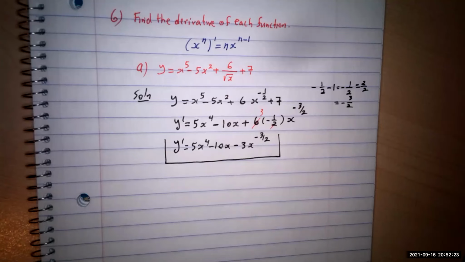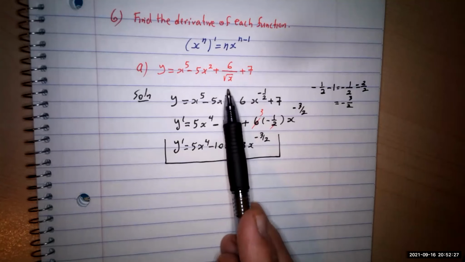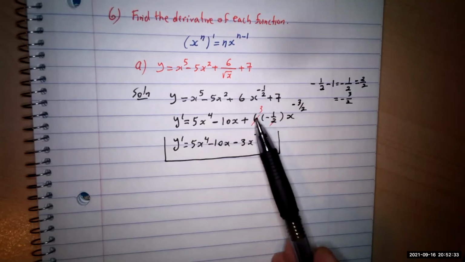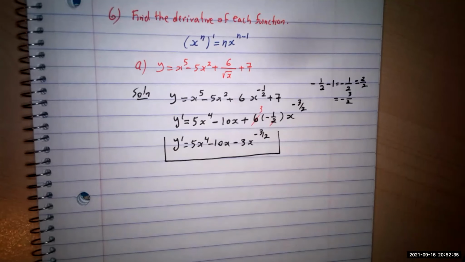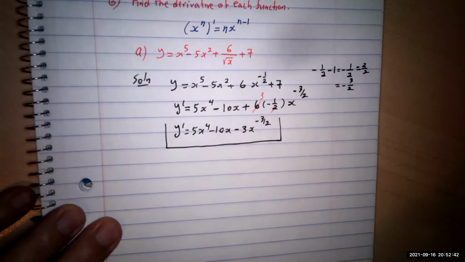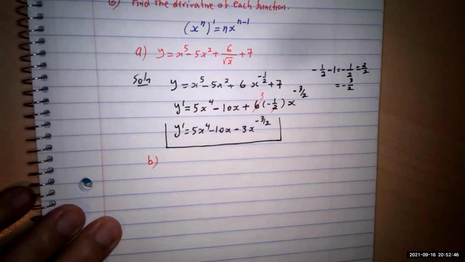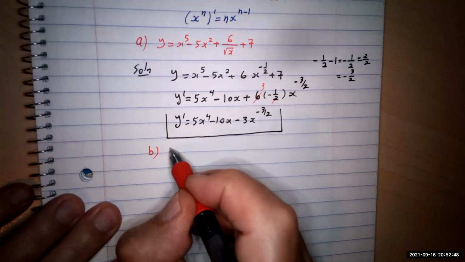The calculus part is easy. The algebra part is switching these radicals. It's x to the half, you move it up, x to the negative half, and then you bring the power down, 6 times negative half, x to the negative 3 halves, and the derivative of 7 is 0. Okay, so that's the first one. Second one, again, we give you something mild, but the other one, a couple of radicals, like this one.